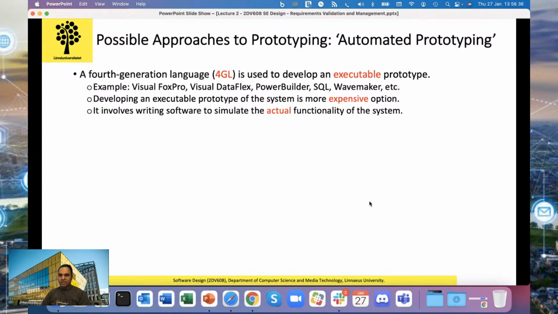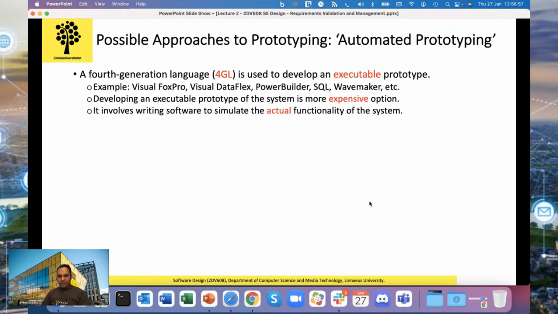So they might involve the database within themselves. For example, Visual FoxPro or Visual DataFlex or even PowerBuilder, they all give you this opportunity to generate an interface as well as have a database that interacts with that database.